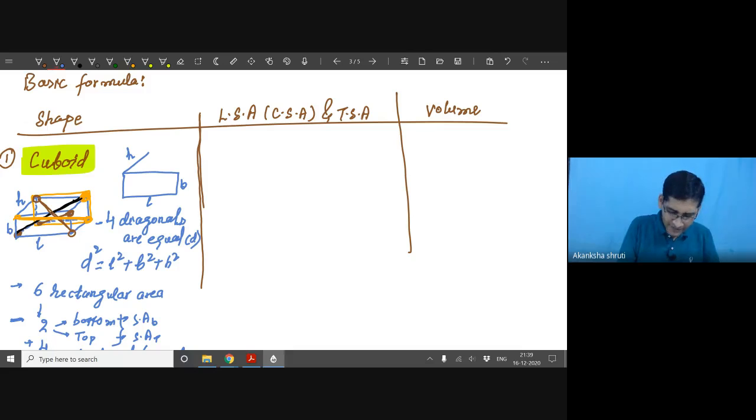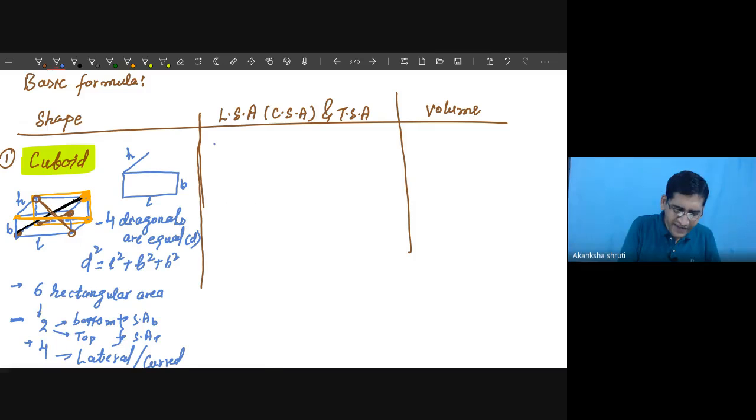Therefore, the lateral surface area is obtained by adding the rectangular surface areas for the side walls only, not for the top and bottom.